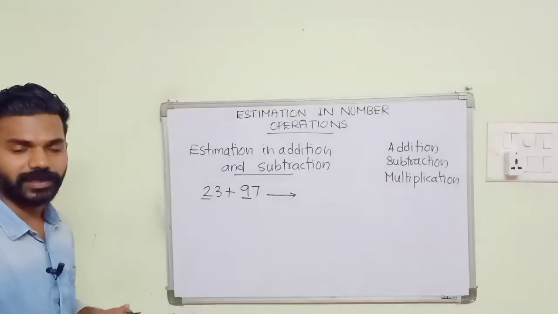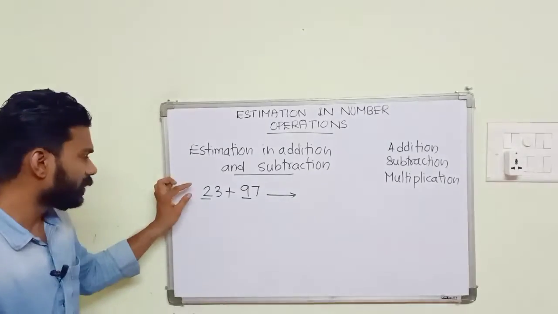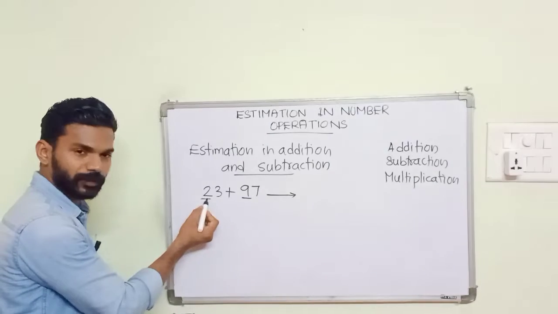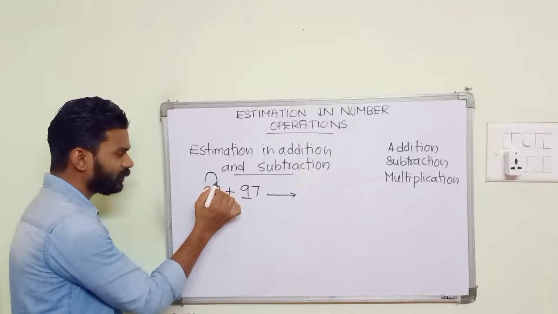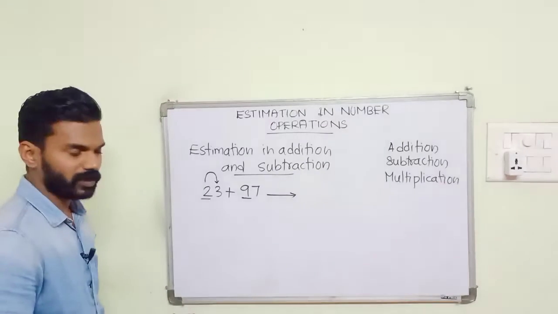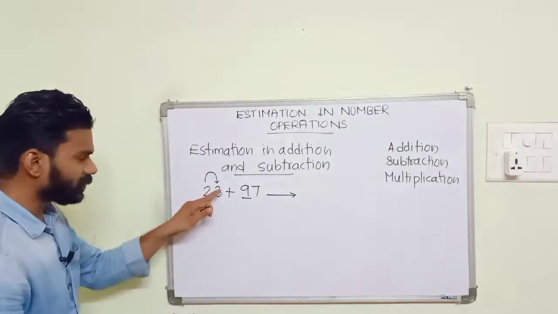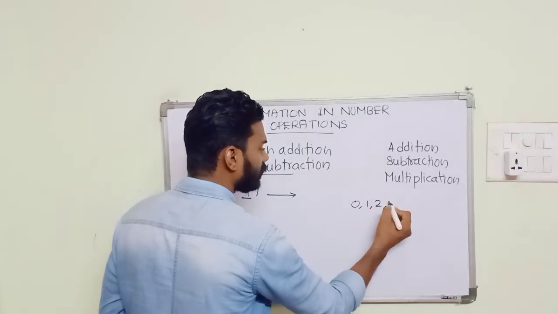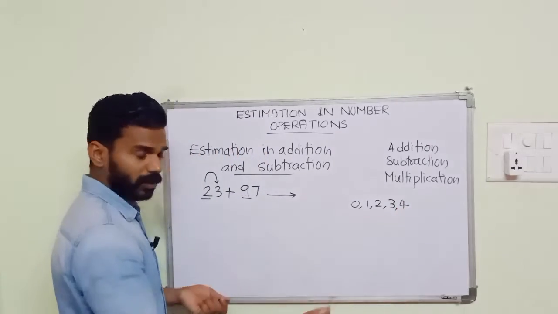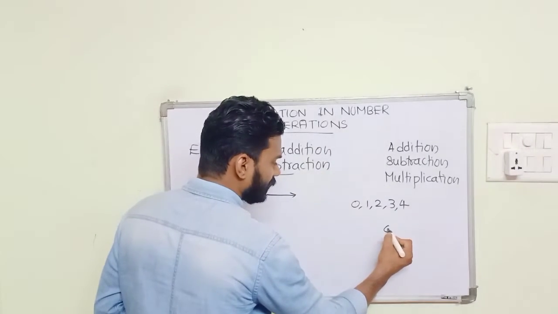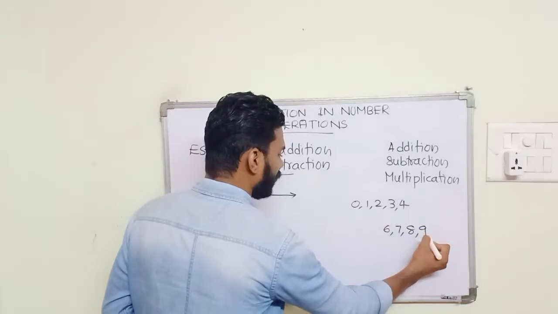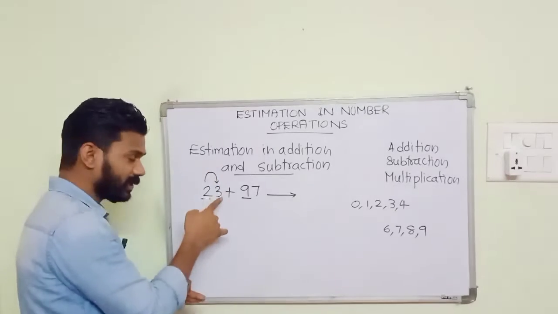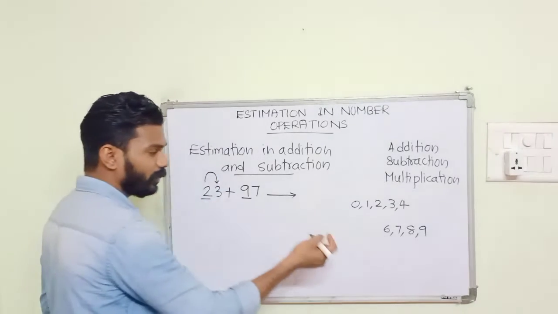Can you tell me how we can do the rounding off to the nearest 10? First of all, we go to the tens place and check the digit which is just right to it. Here it is 3, and this digit can either belong to the group 0, 1, 2, 3 or 4, or to the second group 6, 7, 8, 9, or it can even be 5.